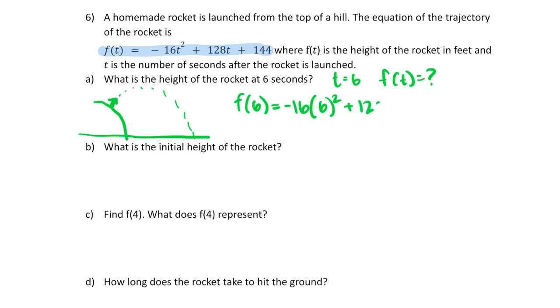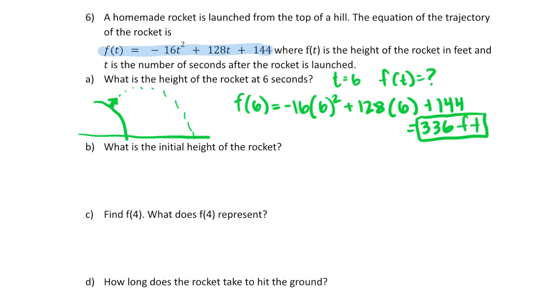And this is definitely a calculator situation. Please don't try and do this all by hand. The calculator is a fine way to do this. So I'm going to put that right into the calculator. And when I calculate it out, I get 336 feet. I put feet on there because I know I'm looking for the height.